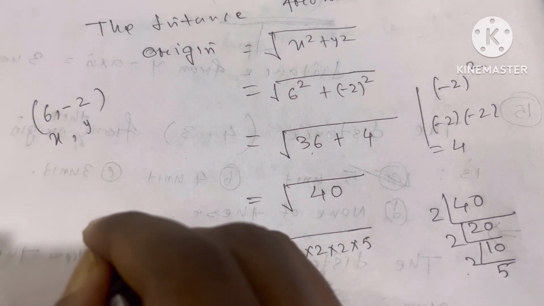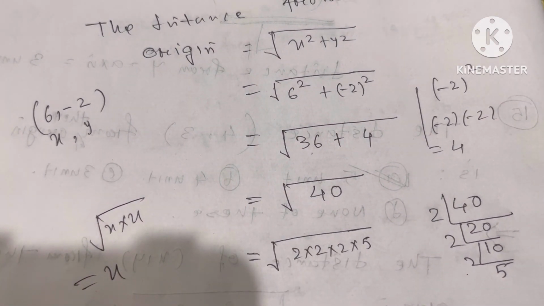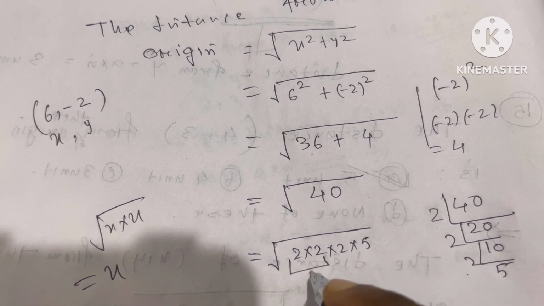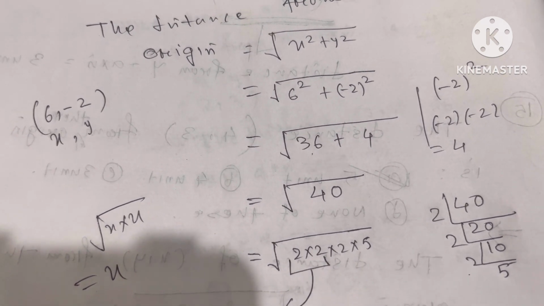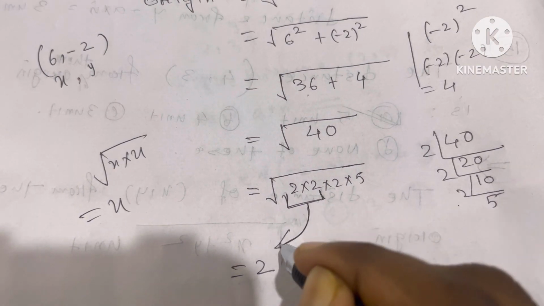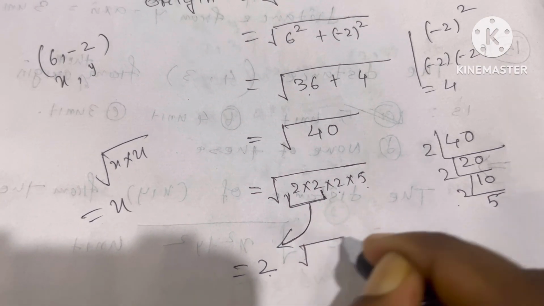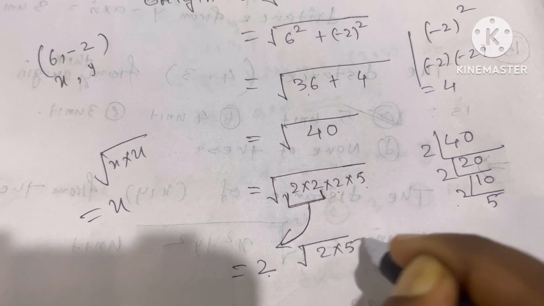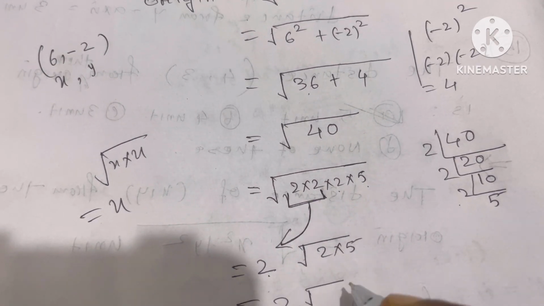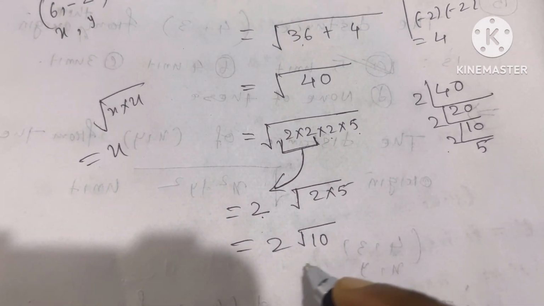But there is one formula: root over x into x, the answer will be x. So these two are in a pair. From this pair, one 2 comes out, and this 2 is single and this 5 is also single. That's why they will remain under the root only. So that's why 2 into root over 10.